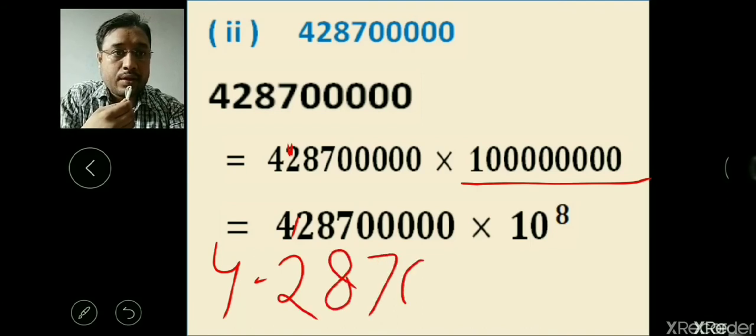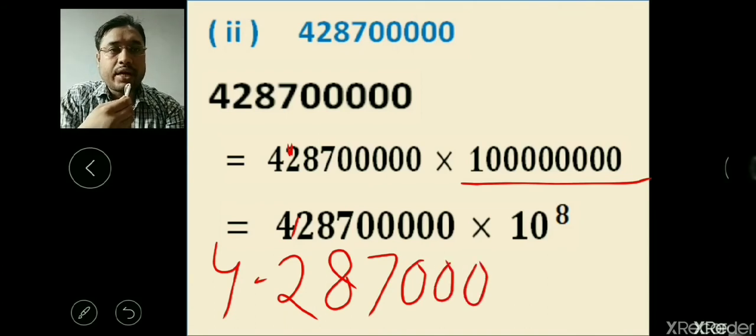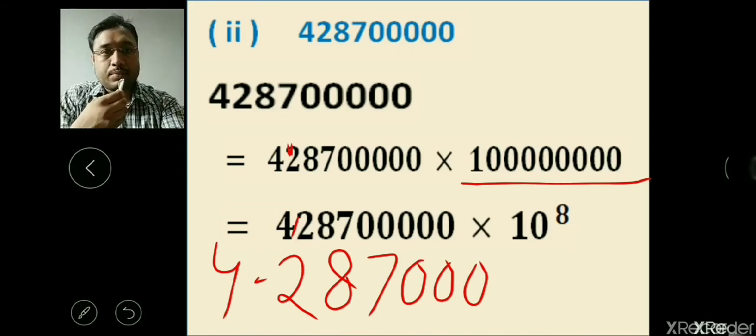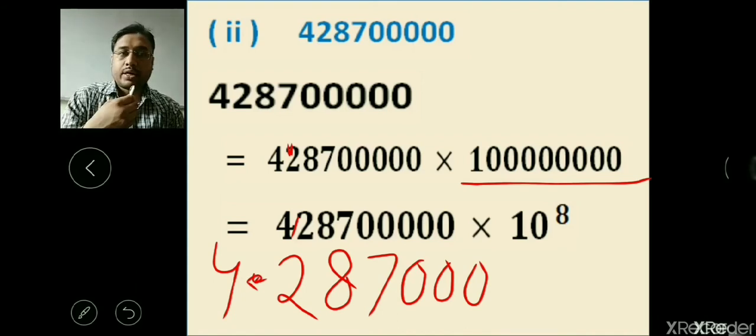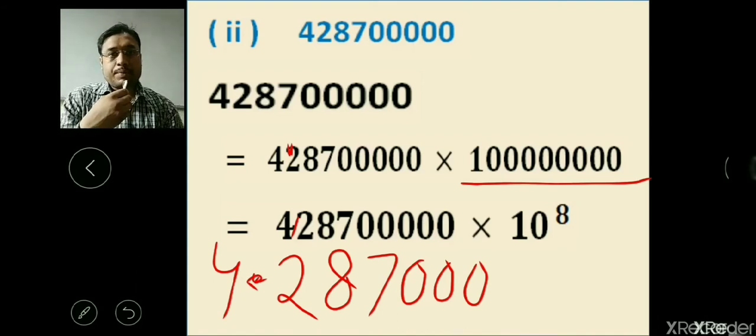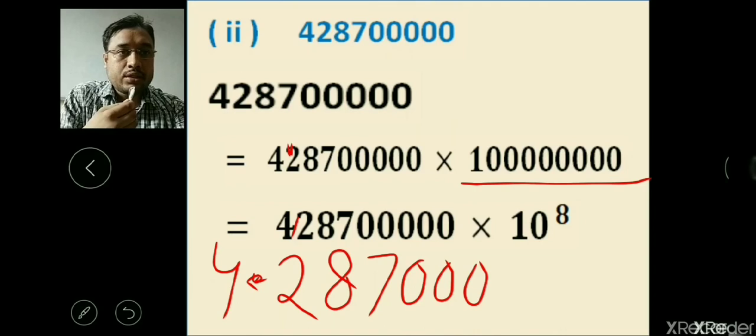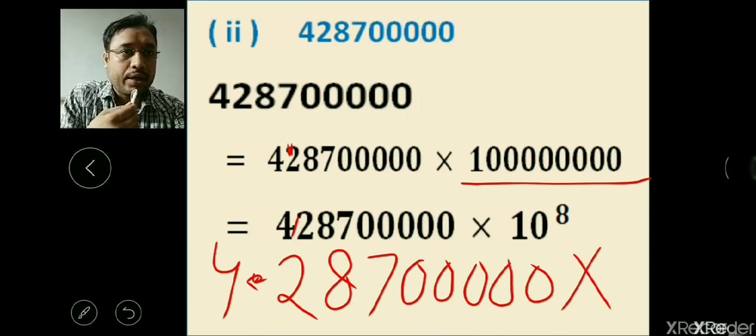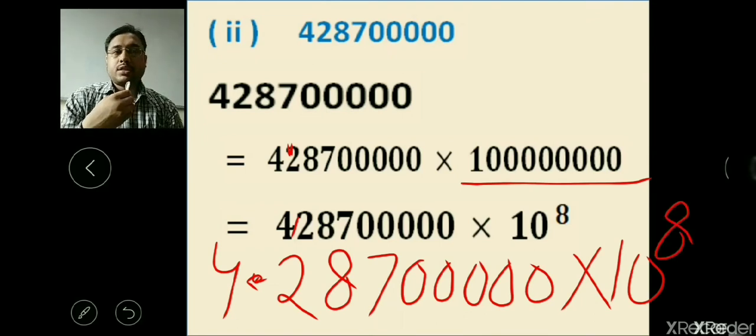These zeros are optional only. You can leave these zeros also, because you have kept the decimal point here between 4 and 2. So now you can write 4.287 into 10 to the power 8. This is the standard form of the number.